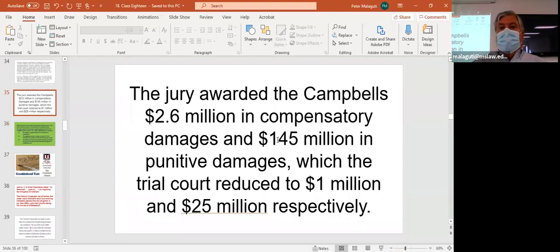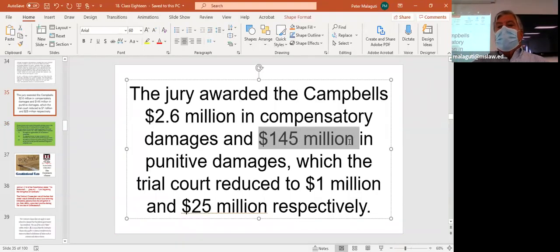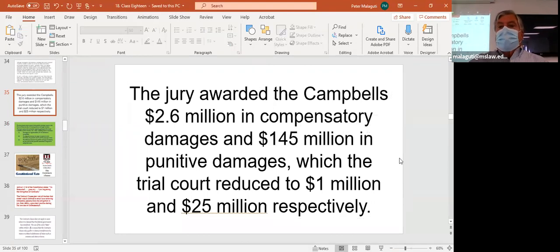In this case, the State Farm case, insurance companies have more money than God, just a ton of money. And I think what the jury wanted to do here with the $145 million punitive damage award was to make it hurt a little bit for the insurance company.